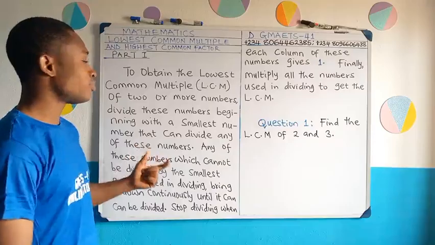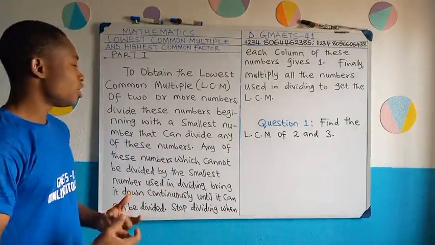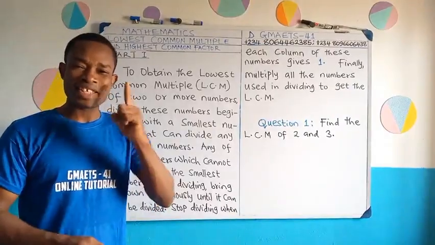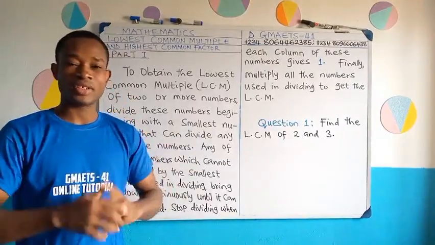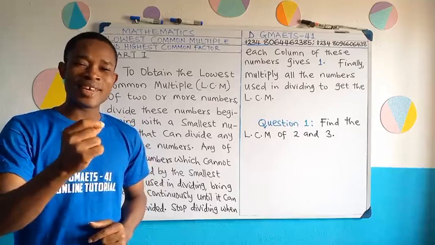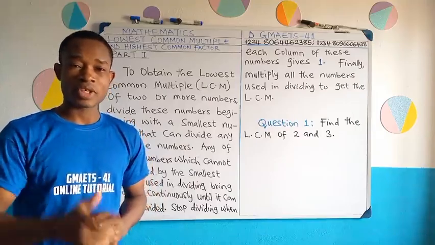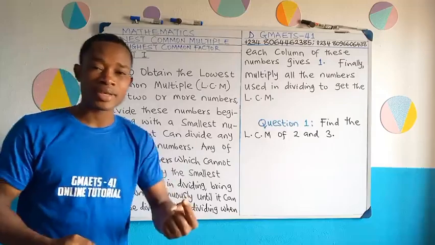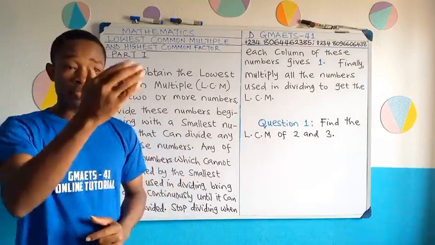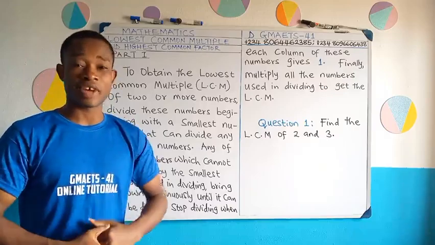To find the LCM, that's lowest common multiple of 2 or more numbers, all you need to do is to divide these 2 or more numbers using a smallest number that can divide any one of these numbers. Suppose that smallest number cannot divide any one of these numbers, all you have to do is to bring down the number that cannot be divided. Continue bringing it down until you get a number that can divide it.